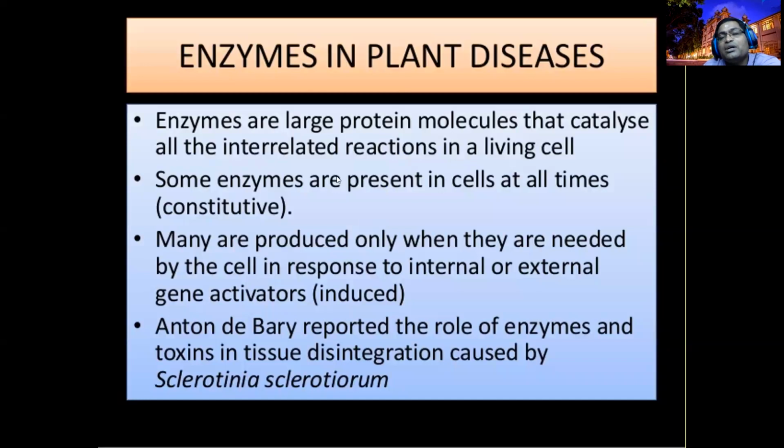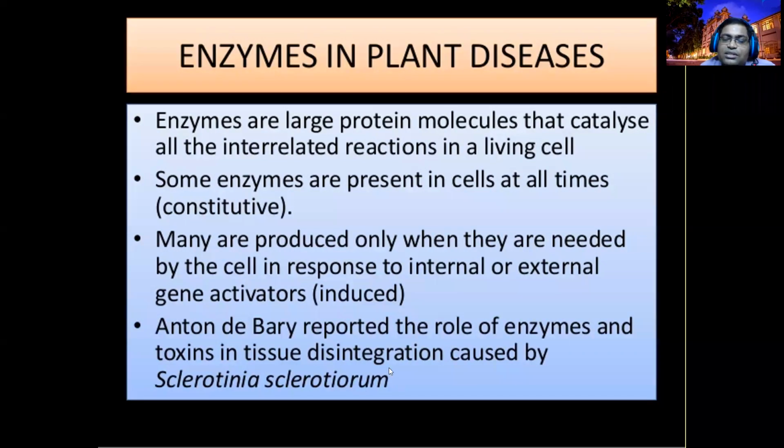Right? The enzyme, how does it work? Enzymes, you all know, are protein molecules that catalyze all the interrelated reactions in living cells. In the disintegration, Sclerotium, he studied this, is producing certain enzymes, mainly cellulases.